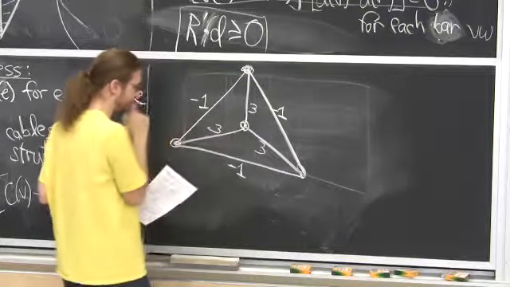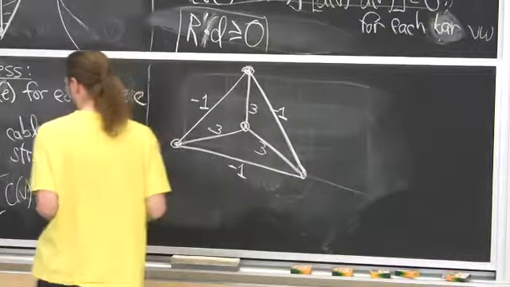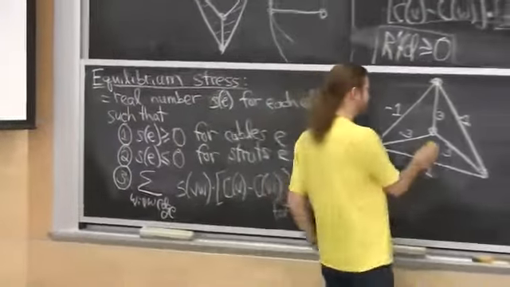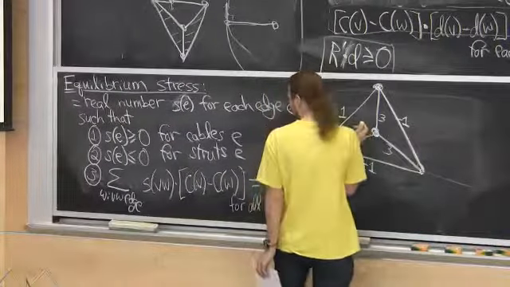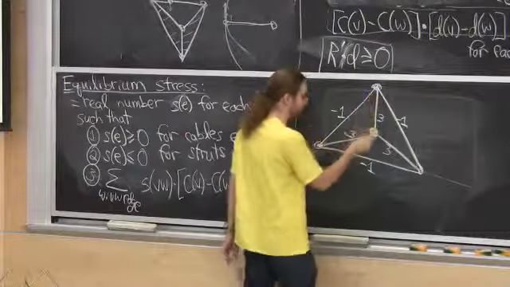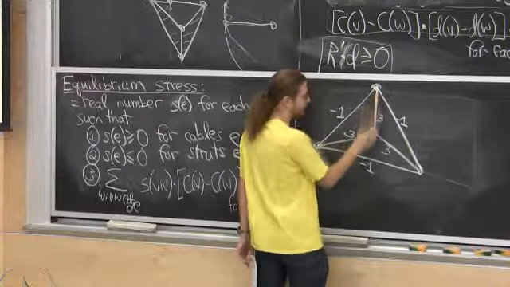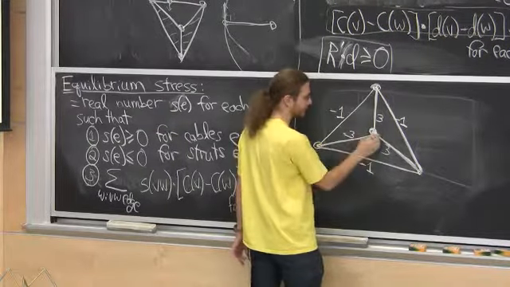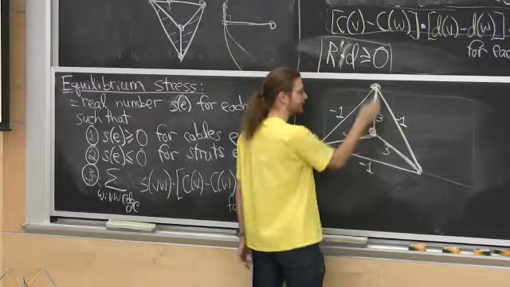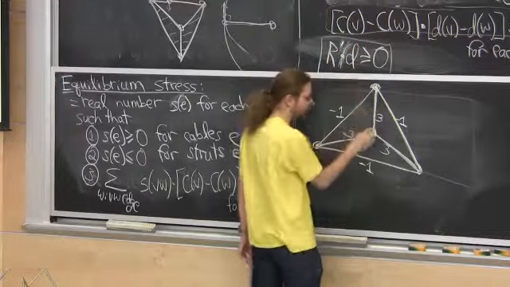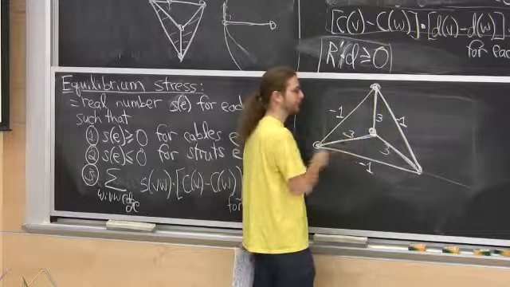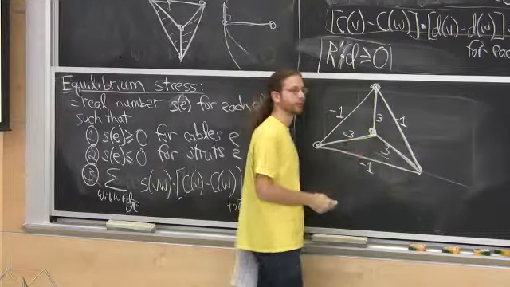Then if you work out what this is saying, I'm looking at each vertex like this one and taking all the edges incident to that vertex. I weight them by this number. In this case, they're all multiplied by 3. So I take this vector, I multiply it by 3. It gets 3 times as long. Take this vector, multiply by 3. This vector multiplied by 3. I add them up. I should get the 0 vector, and if this is really an equilateral triangle, I will.